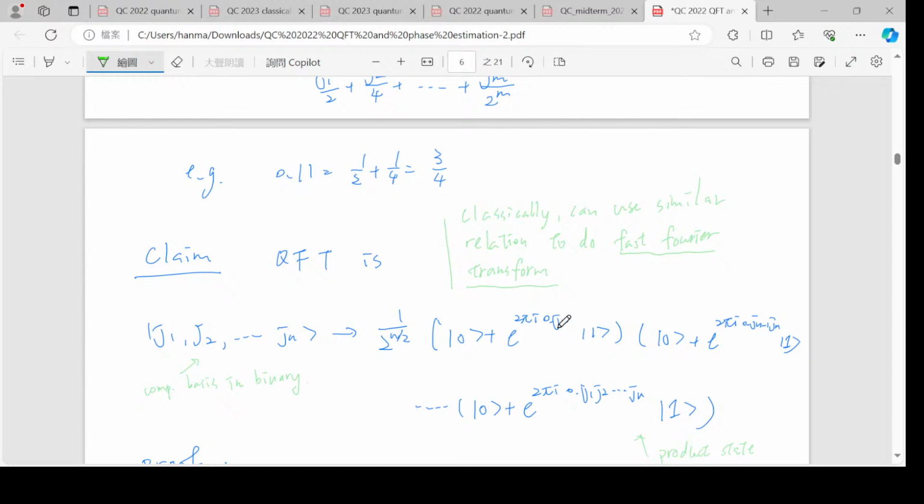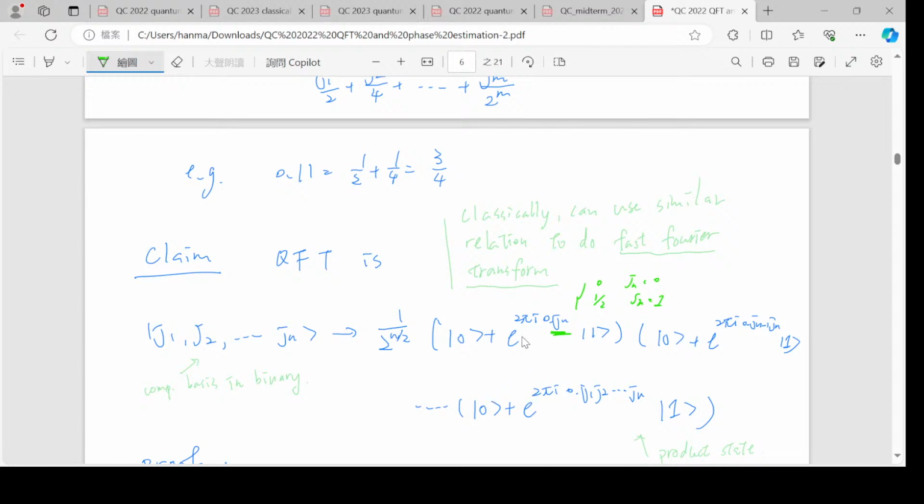This is 0.jn in terms of decimal, and so this is either 0 or 1 over 2. So if jn equals 0 it is 0, and jn equals 1 it is 1 over 2.